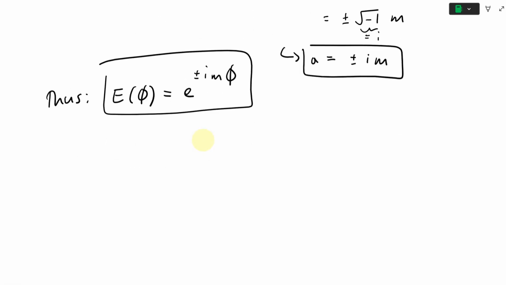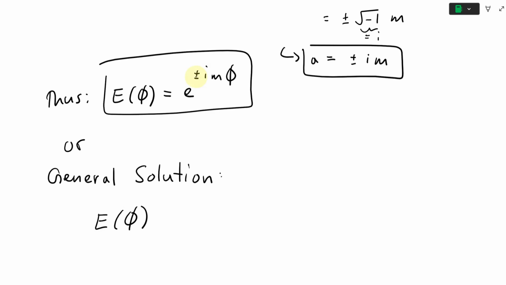That is actually just one solution, but now a general solution. The general solution is actually a linear combination of the two, because this is plus or minus. We're going to get E of phi is equal to, I'll put a C1 as a constant, e to the power of positive i m phi plus C2 e to the power of negative i m phi.